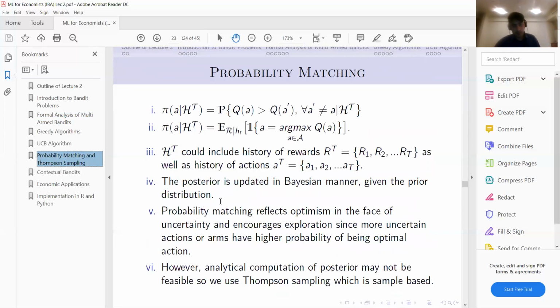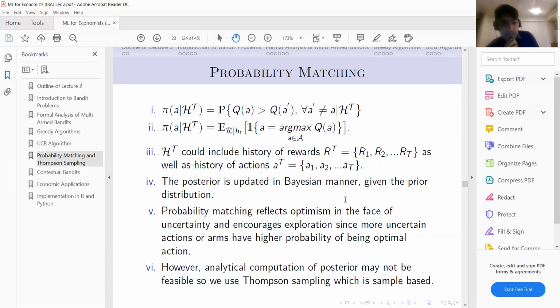The last one is more important, because at least one major economic application that I'll focus more time on actually makes use of Thompson sampling and not the UCB algorithm, but both of them are widely used to solve multi-arm bandit problems. The paper that I really liked, which is a working paper that I think will be published next year, makes use of Thompson sampling, and that's more commonly used.